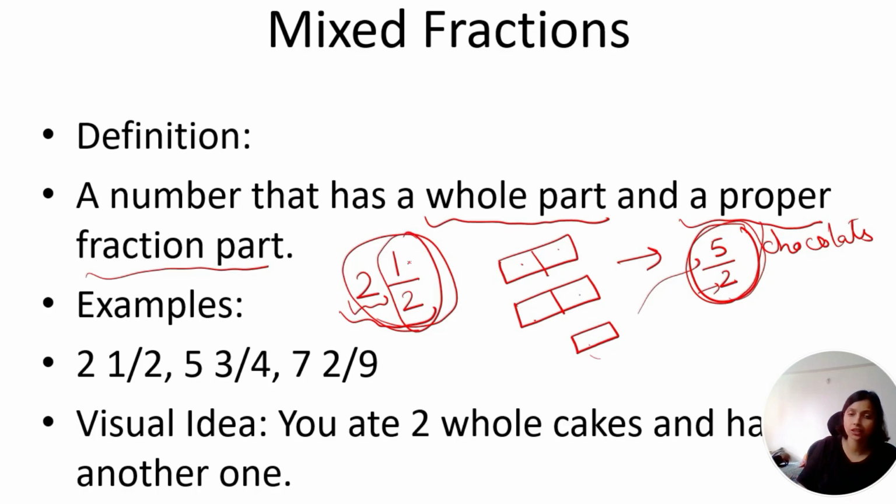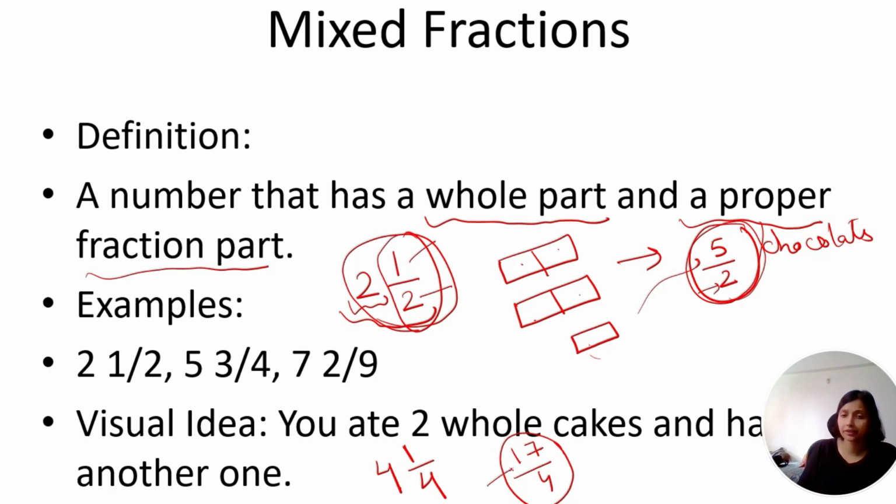A proper fraction has the numerator less than the denominator. So suppose you had 4 bananas and 1/4 of the fifth banana. In mixed fraction terms, you can directly say that you had 4 1/4 bananas. But in terms of the improper fraction, you had 17/4 of the bananas.